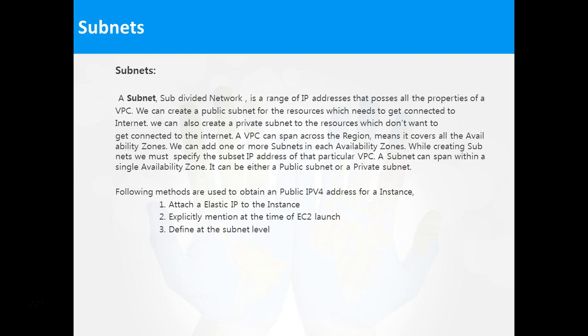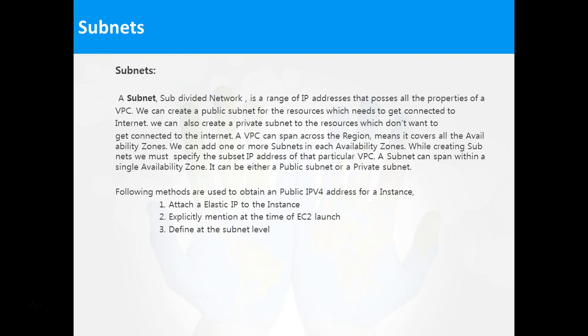Normally, a VPC can span across the region, which means it covers all the availability zones. A VPC that you create in one region cannot be used in another region by the virtual machines. We can add one or more subnets in each availability zone.